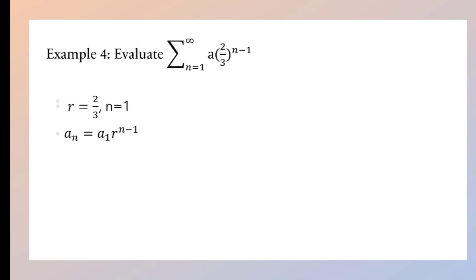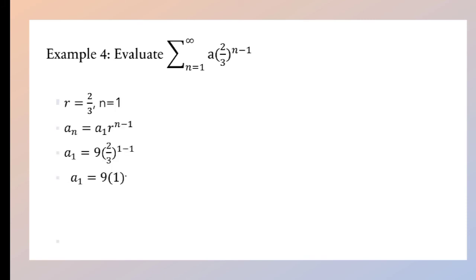For example 4, this is a kind of situation where we should find the value of a1, or the first term, first. In finding the first term, we may use the formula for the geometric sequence. Once we list down the given values, we may now again substitute the values. We should always subtract the exponent first.